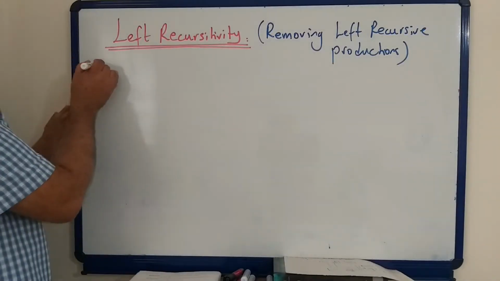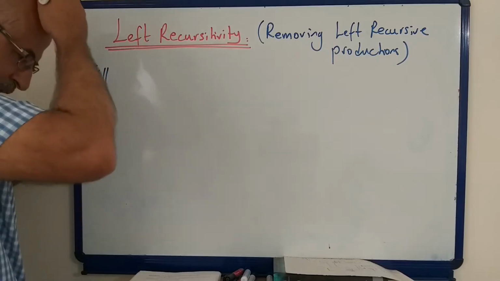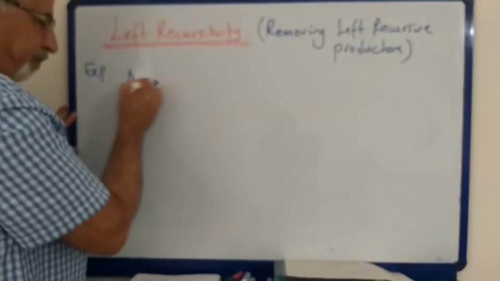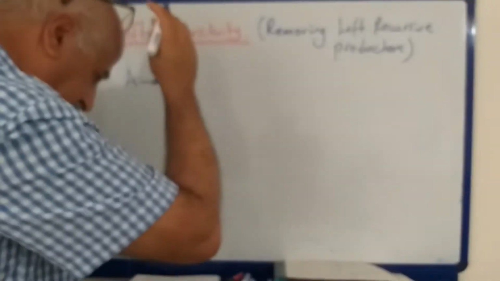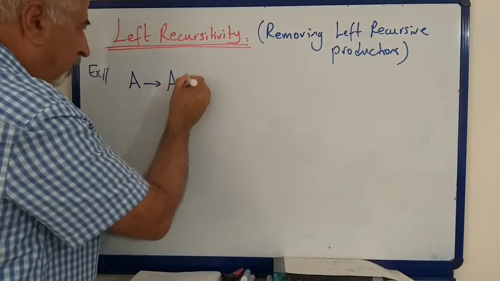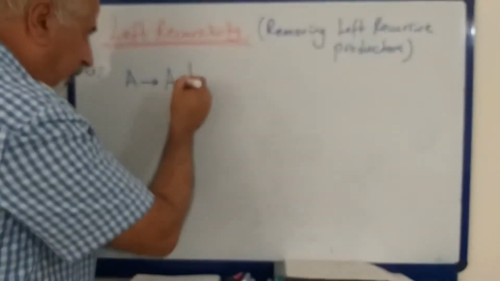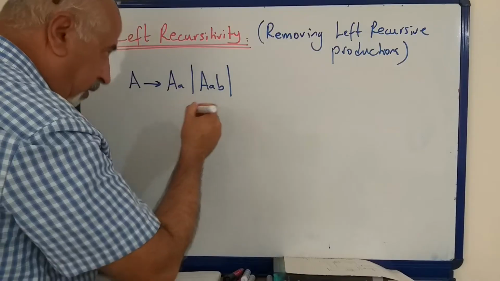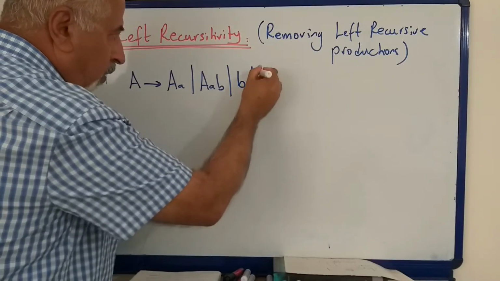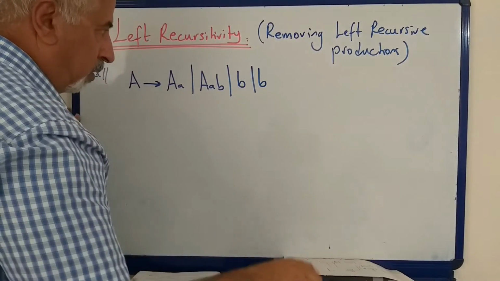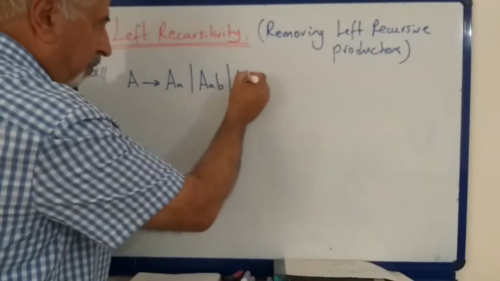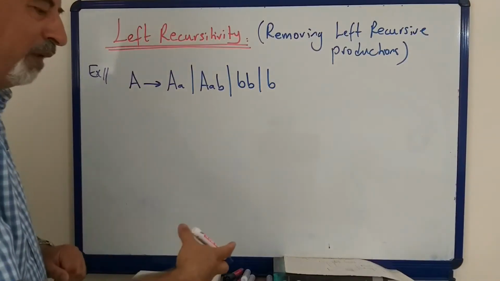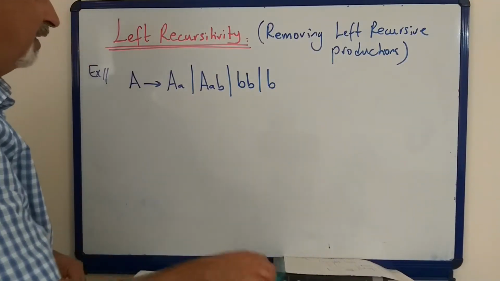So let me give you an example, and I will give you a shortcut here. For example, A gives AA or AAB or B or BB, or B. It doesn't matter. Now, what do we mean by left recursivity?